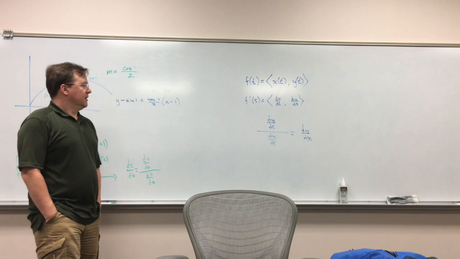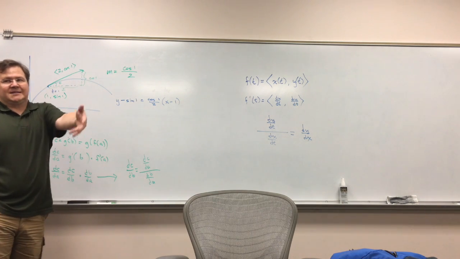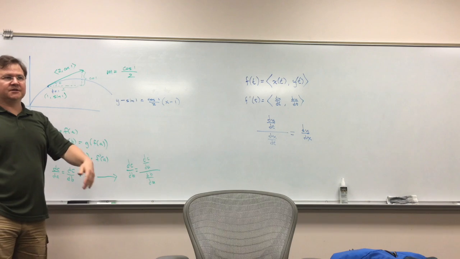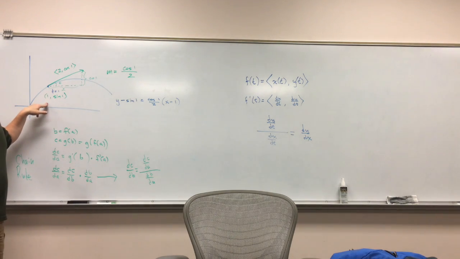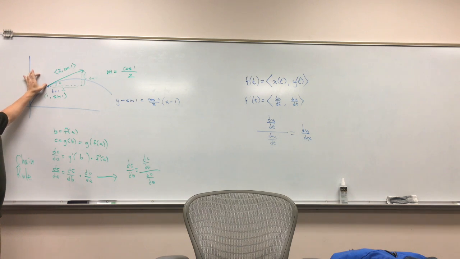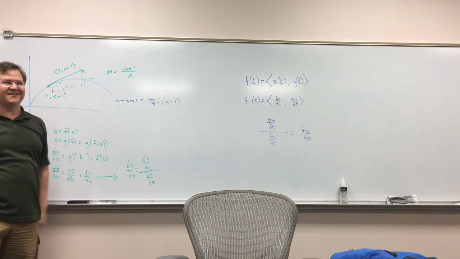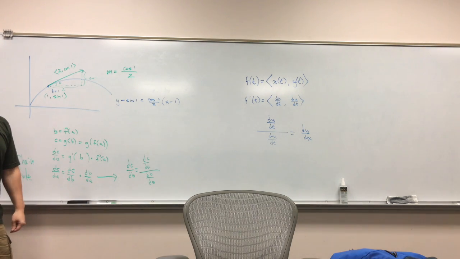If we were to use the techniques of multivariable calculus back in differential calculus, I would be looking at the normal vector to the curve. And from the normal vector, I could write the equation of the tangent line. But I wouldn't be using this formula for it, right? Yeah, this is kind of weird.